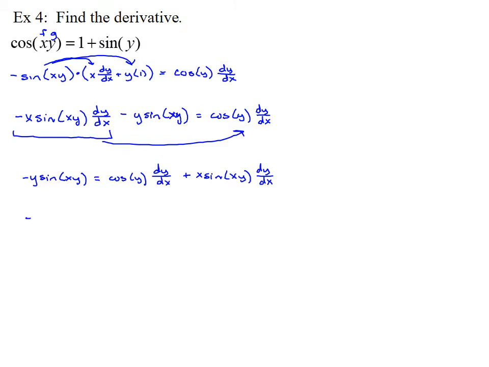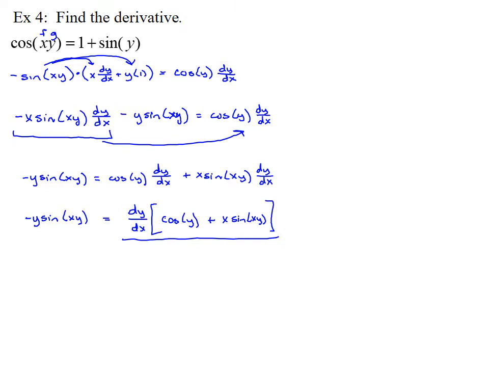You'll see it a lot in the rest of this section. Factor out your dy dx. So while that doesn't change the left-hand side, if I factor a dy dx out of both of those terms, that leaves me with a cosine of y plus x sine of xy. Divide both sides by what's inside parentheses, brackets, whatever you choose to do.